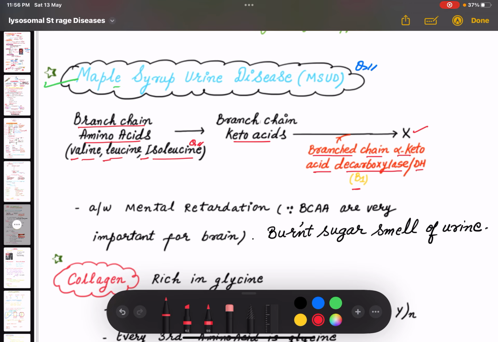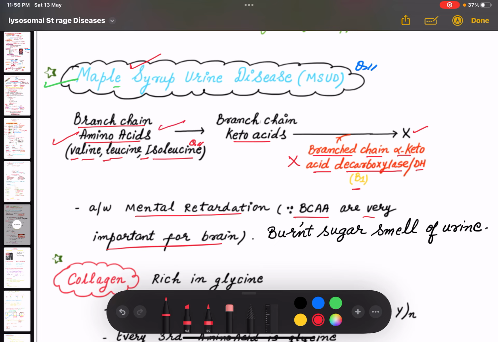This enzyme is deficient in this disease. If this enzyme is deficient, the patient will have mental retardation, because these branched chain amino acids are very important for the brain.